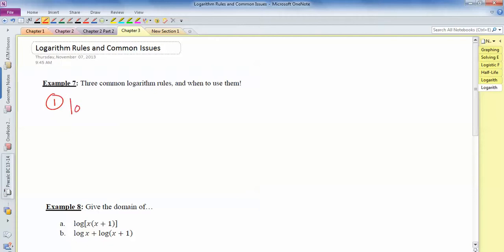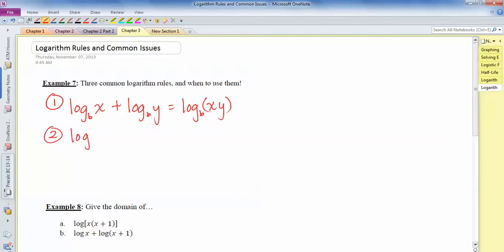So the three rules that we've talked about in class are these three. If you take any log with a particular base, like log base b of x, and we add it to log base b of y, we could say that equals log base b of (x times y).